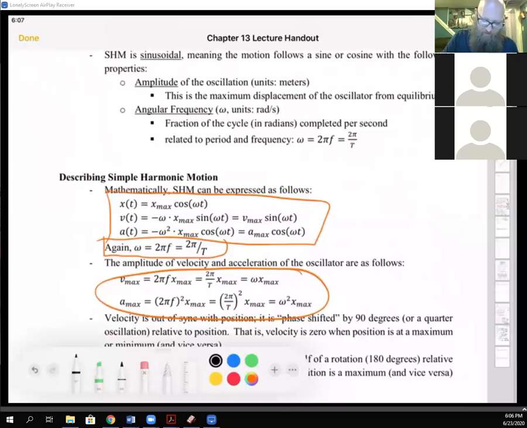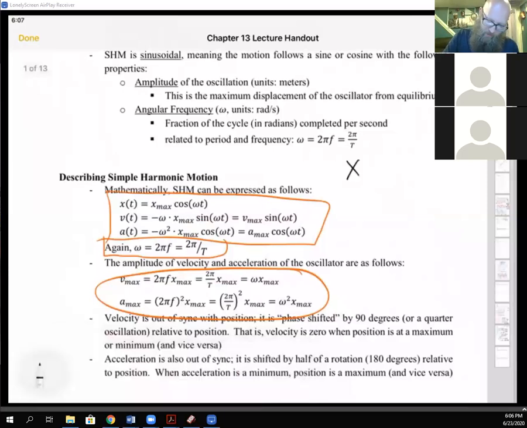So I have said X of t is A cosine omega t. A is a more generic term for how big the oscillation is. So we've used amplitude for, say, how far a pendulum swings, because a pendulum is simple harmonic motion as well. So X max, the short answer to your question is yeah. When I say X max, I do mean amplitude.